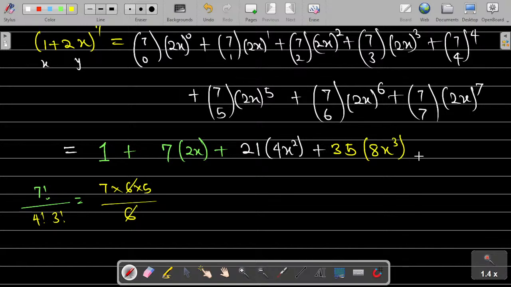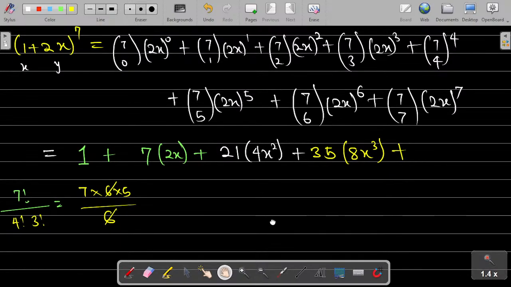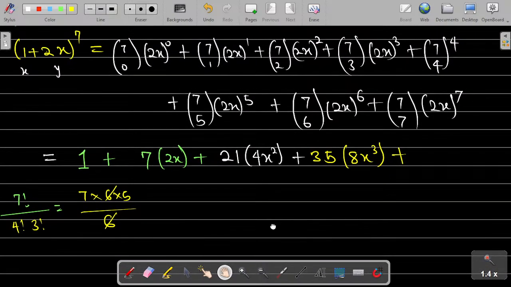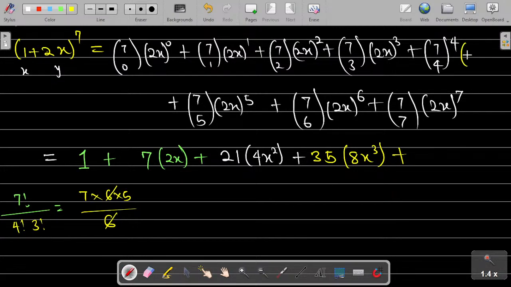All right, and then let's try to write the last one. Remember, I didn't write the x part of this last one, sorry. I just wrote only the combination. So that's supposed to be 2x raised to the power of 4.